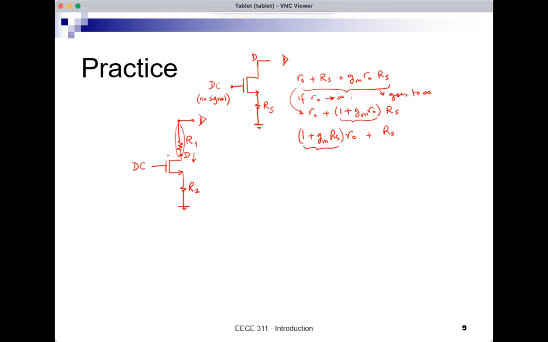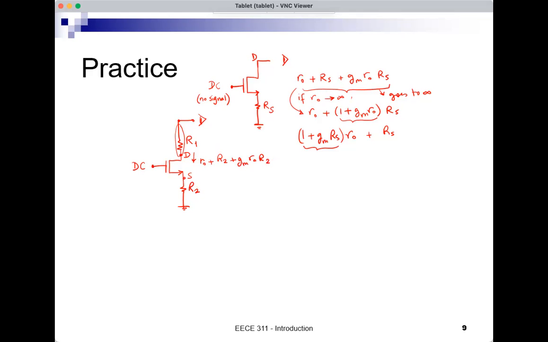And now looking down into the drain of the MOSFET with gate at DC and R2 between source and ground, I will see here RO plus R2 plus GM RO R2.